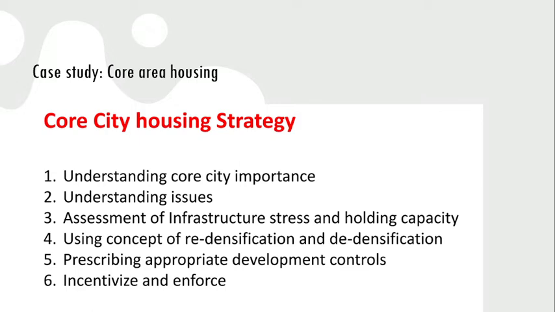Then using the concepts of re-densification and de-densification, either to increase or decrease the density, and prescribing the appropriate development controls in terms of changing dynamic FSI, floor space index, or floor area ratio, or it can also be the transferable development rights, which we discussed in detail in last week's problem solving session. And finally, incentivize and enforce.